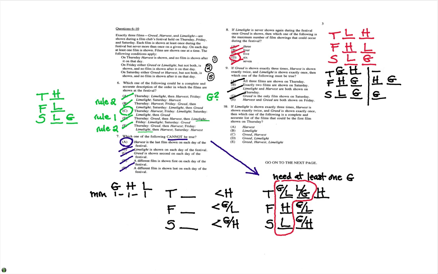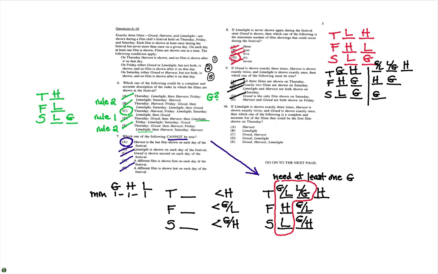And then you notice we could have greed and limelight show up on Thursday. So this is the other scenario. And you notice B, exactly 2 films are shown on Saturday. In this new scenario, we only have 1 film shown on Saturday.